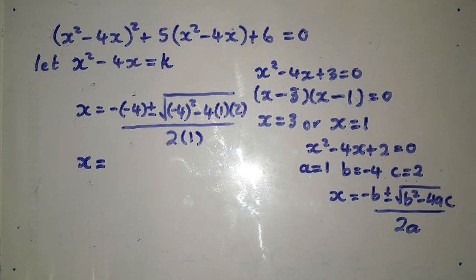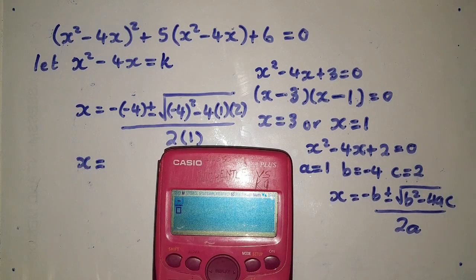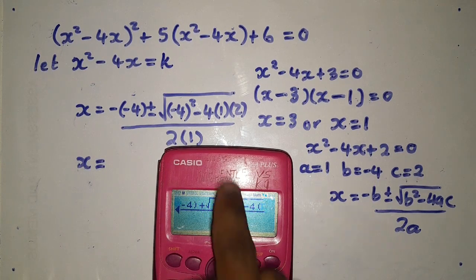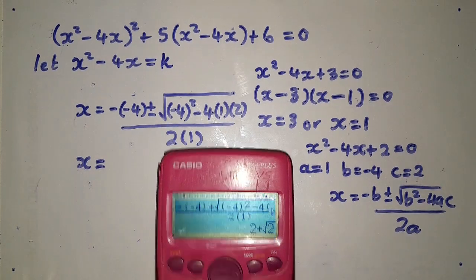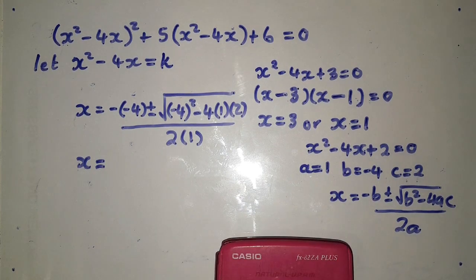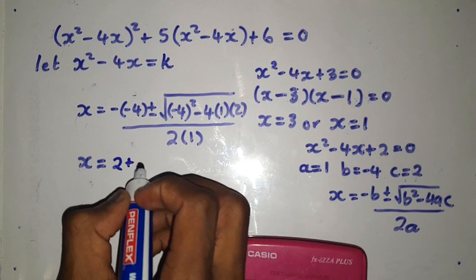You take your calculator. Firstly, we are going to consider the positive sign. Negative, open bracket, negative 4, plus: we start with the plus sign. Then we say negative 4 squared minus 4 times the a value, 1, then 2, and we divide by 2a, 1. Let me leave my answer in surd form. We get this value.